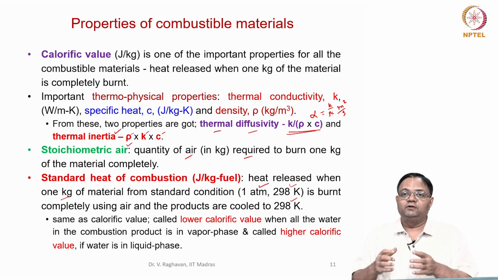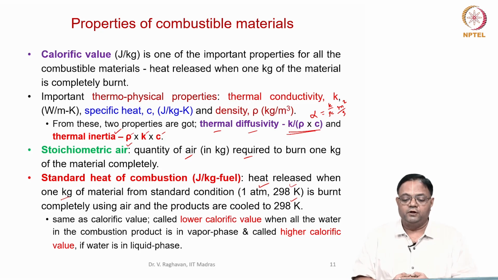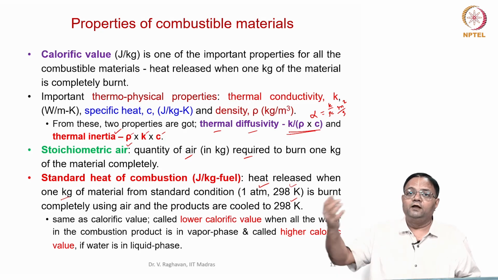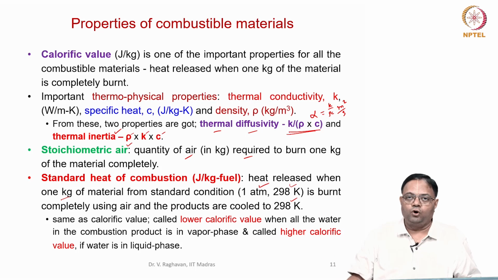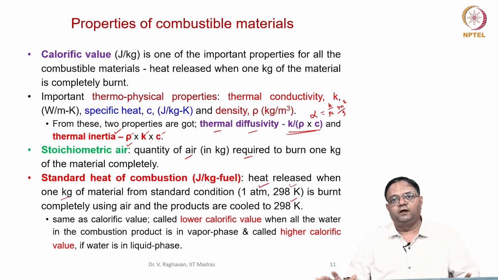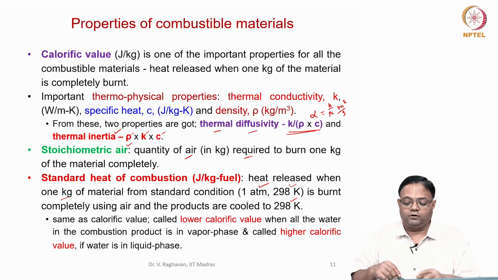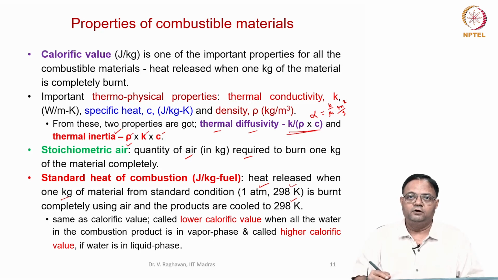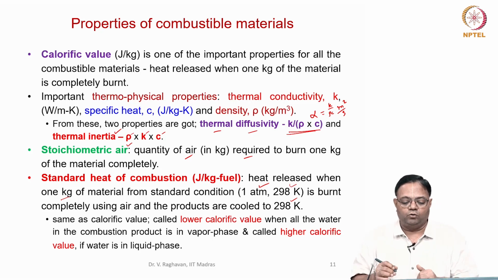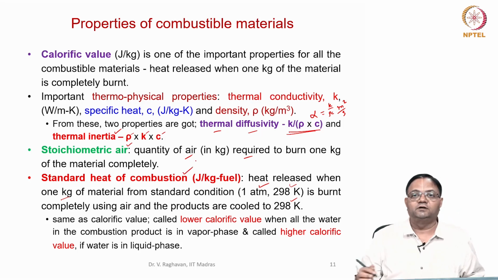So, that means it is an exothermic reaction, heat is released to the atmosphere. So, when you take out all the heat, the products are cooled to 298 Kelvin. What is the amount of heat which is taken out? That is called standard heat of combustion.